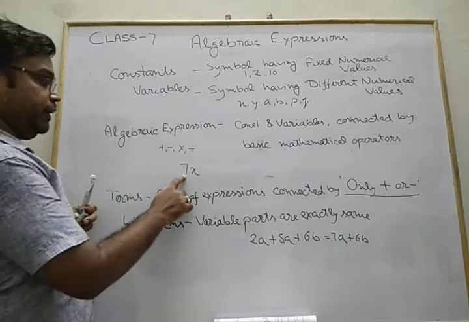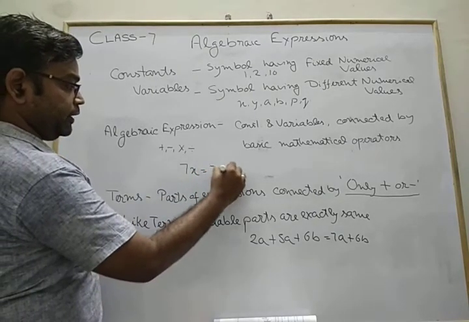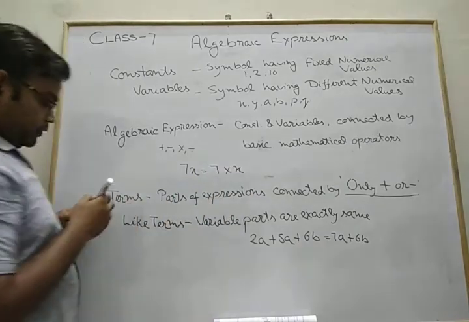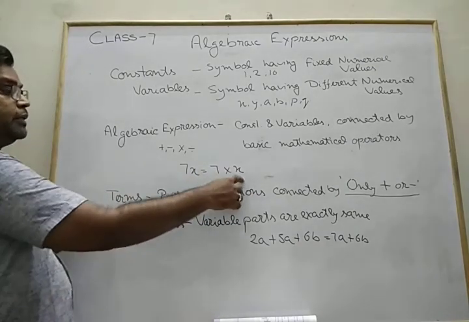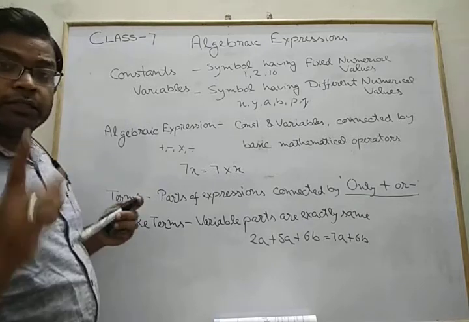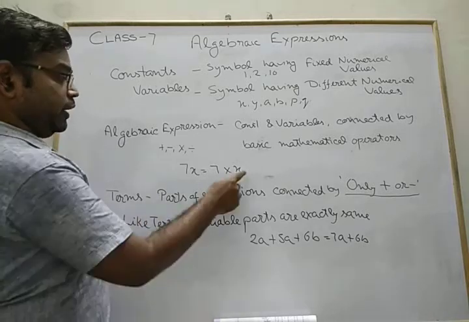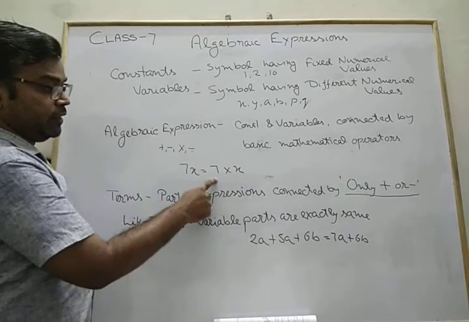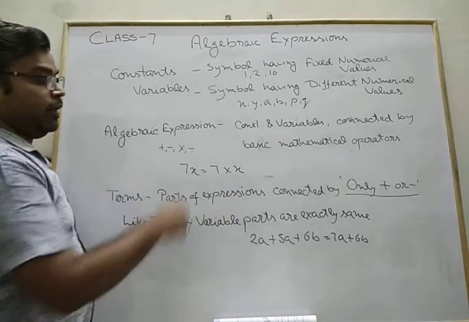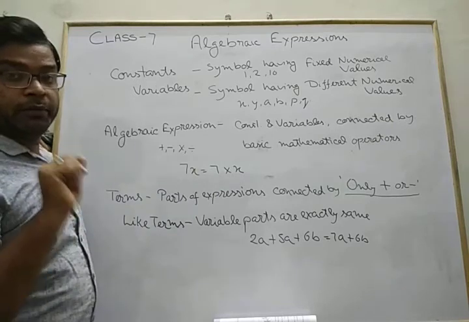In this 7x, we can write 7x as 7 into x. So for 7x, 7 and x itself are two factors. Each factor is known as the coefficient of the other factor. So x is the coefficient of 7, and 7 is the coefficient of x. Now there are two types of coefficient, numeric coefficient and variable coefficient.